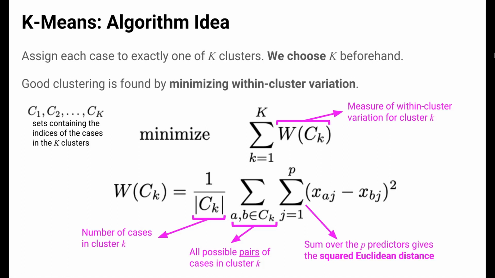The rightmost summation adds up over the p predictors the squared Euclidean distance between two cases, A and B. We're subtracting their predictor values, squaring them, and adding them up. So we want this summation to be as small as possible, to make the distance between two cases as small as possible. The left summation adds up these distances over all possible pairs of cases in the cluster. And finally, we divide by the number of cases in the cluster in order to fairly treat bigger and smaller clusters.